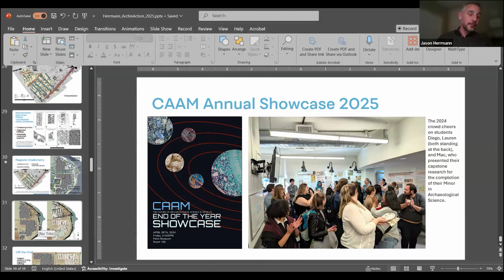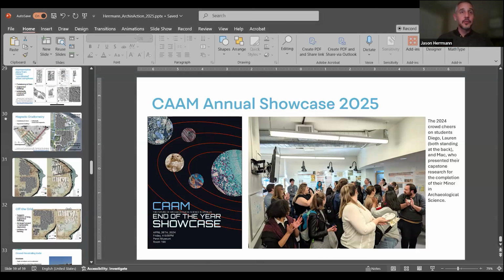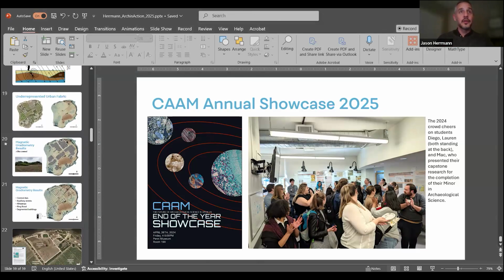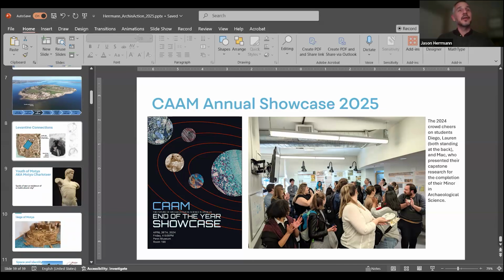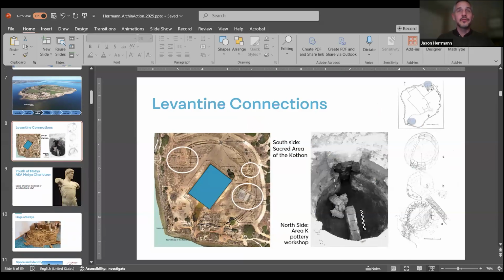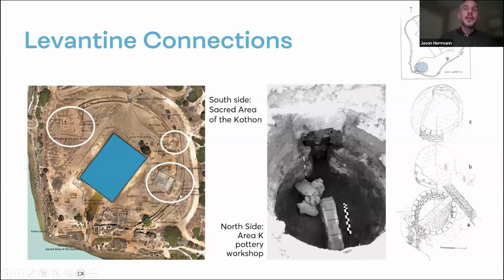There were dedications of various sorts in these temples, including offerings. There was statuary, some of it found in these temples, if we talk about the Kothon. The material culture is not my thing as a landscape archaeologist, but here we can look at some of this stuff. These temples were definitely more ornate. They probably held sculptural materials.